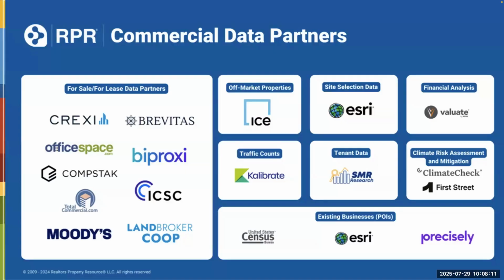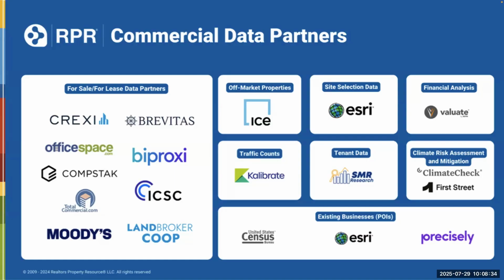Now, if it's not on the screen, we do not have a partnership. When it comes to off-market property information, we get that from our data aggregator, which is ICE, and they update that information on a regular basis.